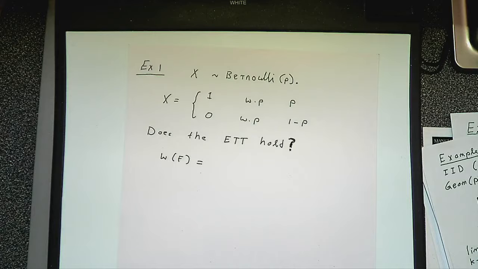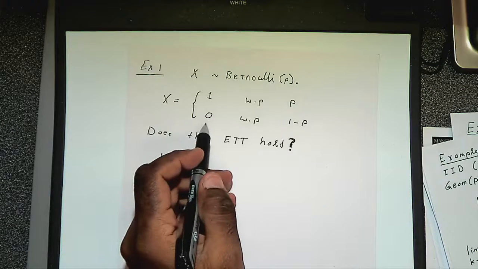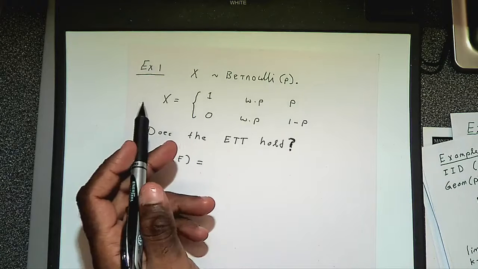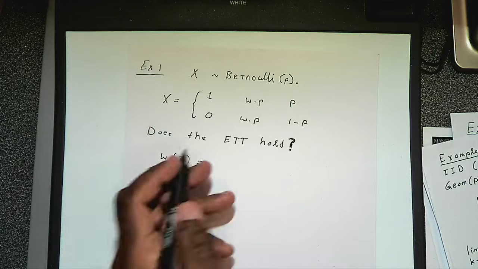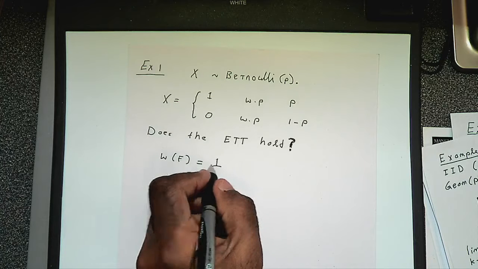It can take you a lot of time. In that case, the best solution is to look at the domain of the random variable and pick the largest value. So in this case, the domain of the random variable is 0 or 1, right? So what is the largest point? The largest point must be 1, right?